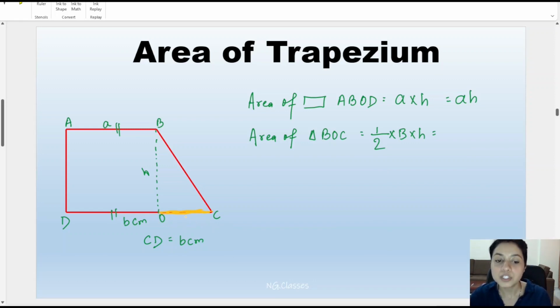So here we know CD, the total length, is B centimeter and AB is A centimeter. So can we say CO will be B minus A? Let's substitute it here. So 1/2 times B minus A times H. Now, as we have discussed, when we add both the areas, then we will get the area of the trapezium. Let's find it.